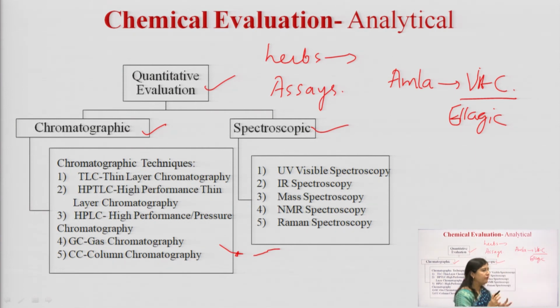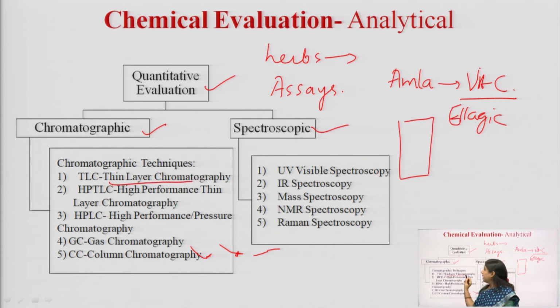Okay. So, first we use the chromatographic technique, which can be any kind of technique like thin layer chromatography, HPTLC, which is high performance thin layer chromatography, high performance liquid chromatography, which is HPLC, or gas chromatography or even column chromatography.